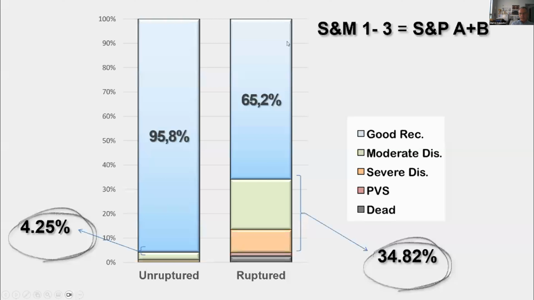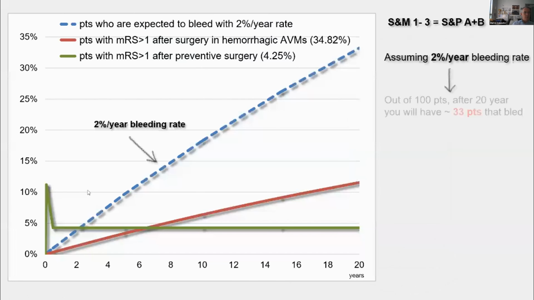One third of the patients that came after rupture remain with a moderate to severe deficit, while after treatment, when the AVM is still not ruptured, the numbers are much lower.